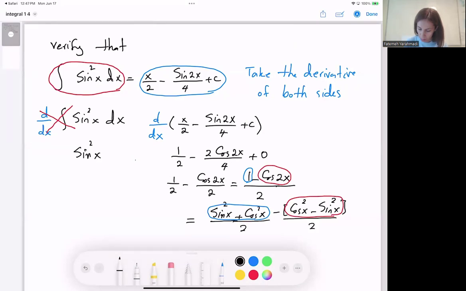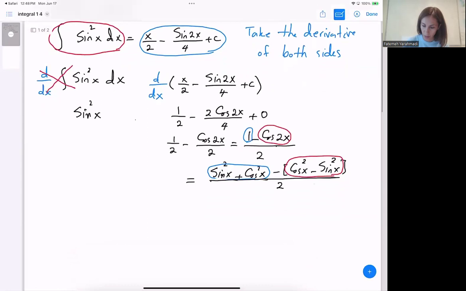Let us just consolidate all of these into one fraction so you can see how it simplifies. So here you have divided by 2.